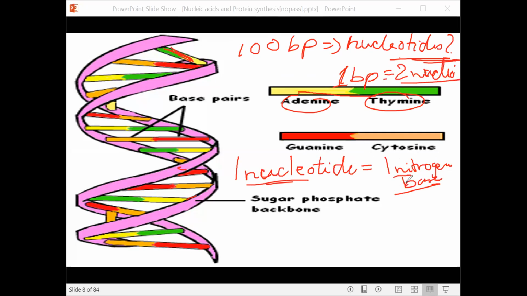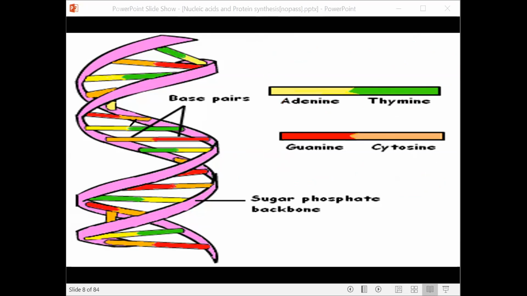Because one nitrogen base, one nucleotide; two nitrogen bases forming one base pair, two nucleotides. So when we say there is 100 base pair, that means 100 into 2 is equal to 200 nucleotides. So those who wrote 200 in the chat are correct. All right, good. So this attachment between the two strands is called base pairing.